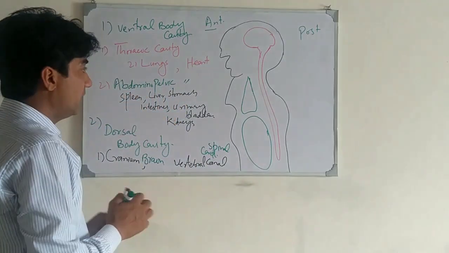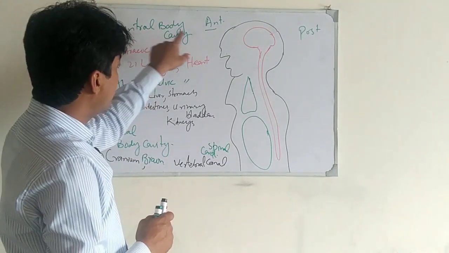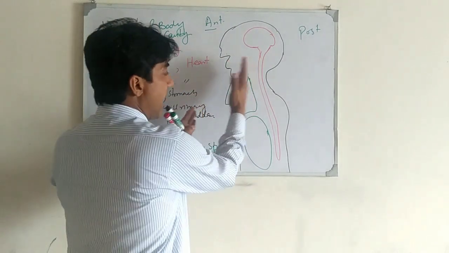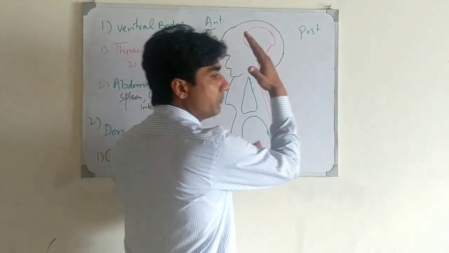These are the cavities included in the ventral body cavities as well as the dorsal body cavities. Ventral means anterior, dorsal means posterior.